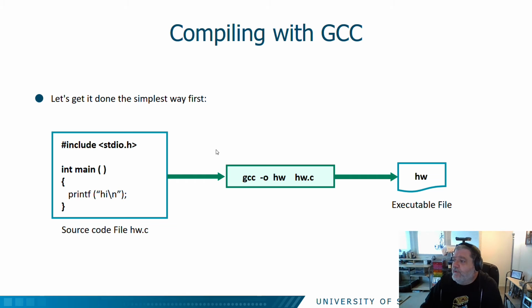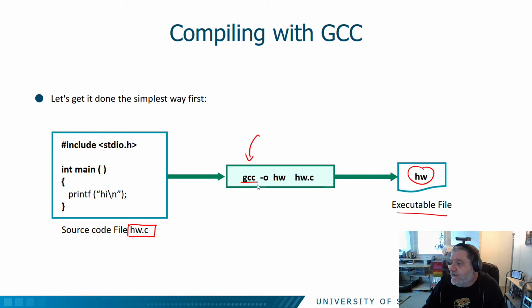So let me introduce you to the compiler. What you have in the middle here is what you are going to type on the terminal when you want to compile a file named, for example, hw.c, which stands for hello world. When you want to compile a source code file hw.c into an executable file called hw, you would issue this command line.